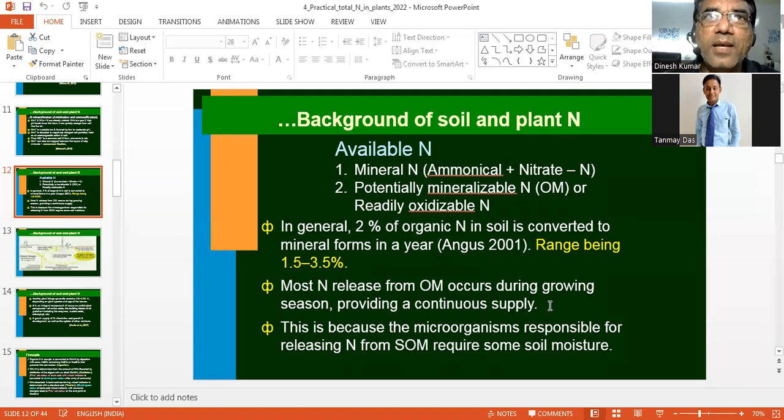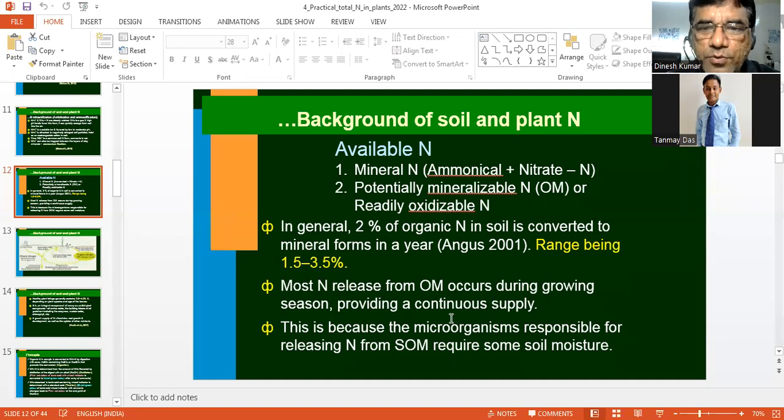So if uptake is there, then the conversion of organic nitrogen to inorganic will be faster. So most nitrogen release from organic matter occurs during the growing season, providing a continuous supply. And also during the growing season, you will have sufficient moisture in the soil that will improve the biological activity.